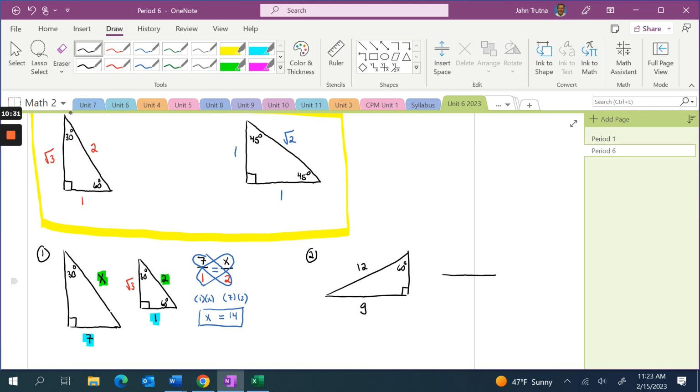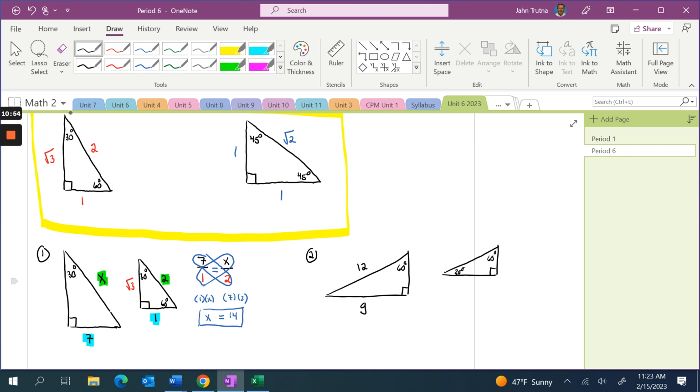And what I mean by that is when I draw my reference triangle, I need my angles in the same spot. So I need my 90 where the 90 is in the given triangle. I need my 60 where the 60 is in the given triangle. Then, of course, that other angle would be 30, and that's going to match up with where the 30 is in the given triangle, even though there's not a 30.